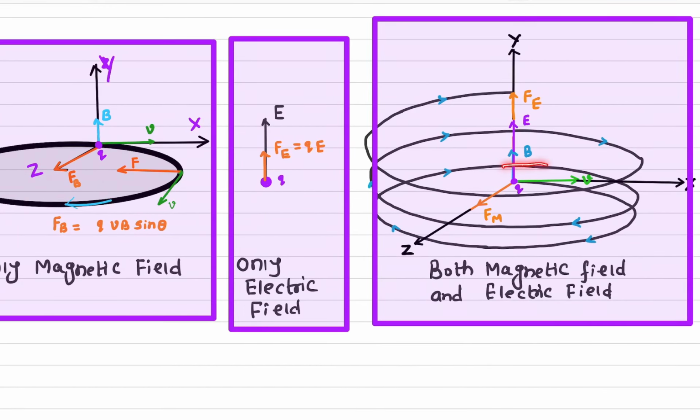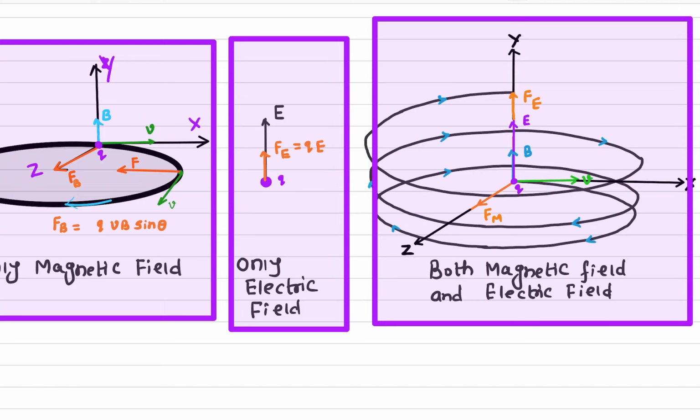So in this case, you see, this will be the spiral path. And why a spiral path? Because due to the electric field, the charged particle will move along y direction, and due to the magnetic field, it will move into a circle, and as a result, the path will be a helical path or a spiral path.